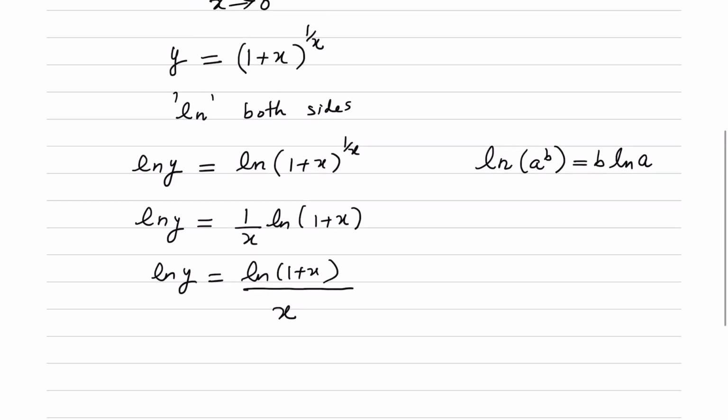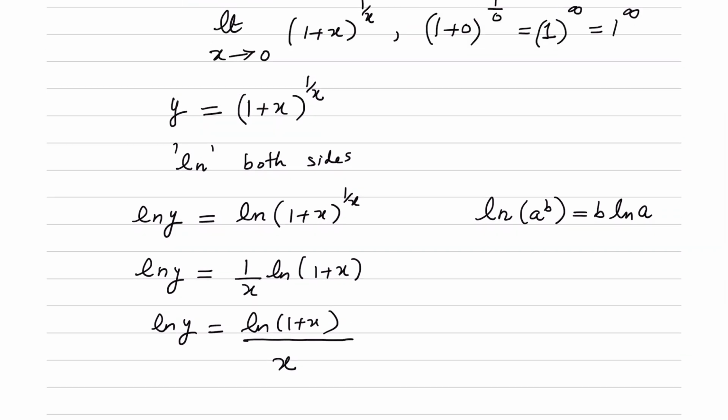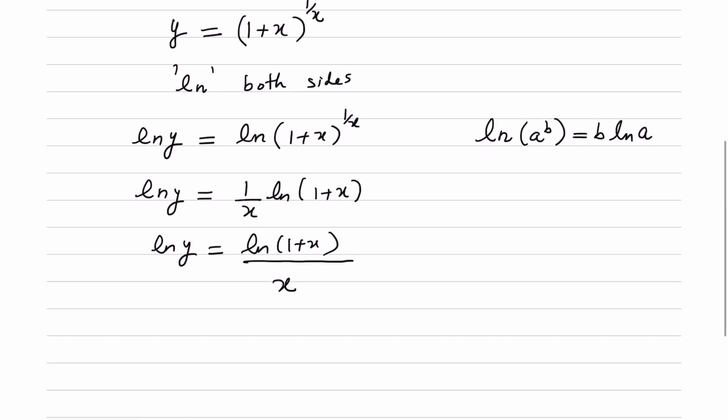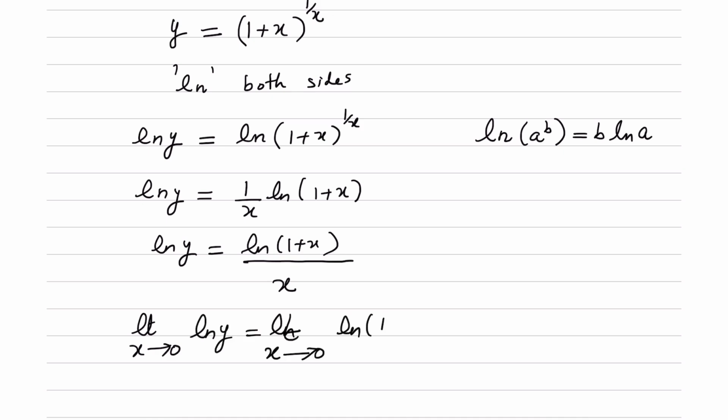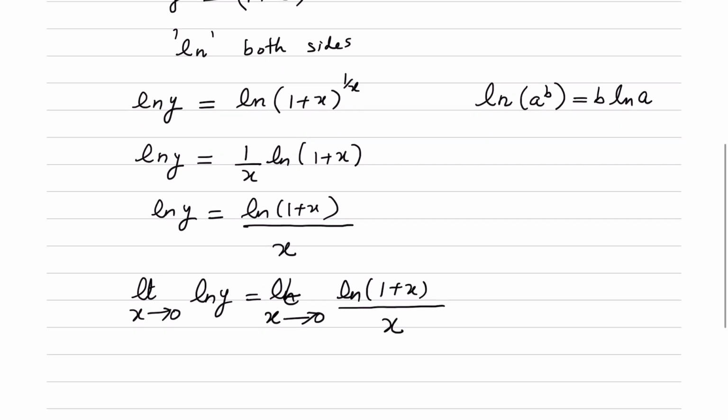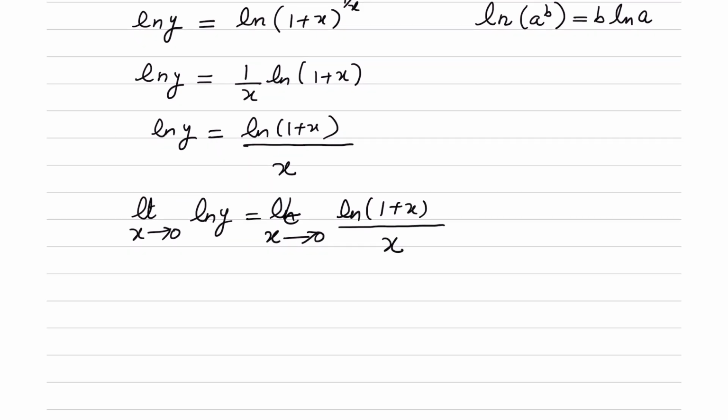Now apply the limit on both sides. Since the limit was x approaches 0, we will apply limit x approaches 0 on both sides. Now let's solve the right hand side first. Treat this side as just a separate question.